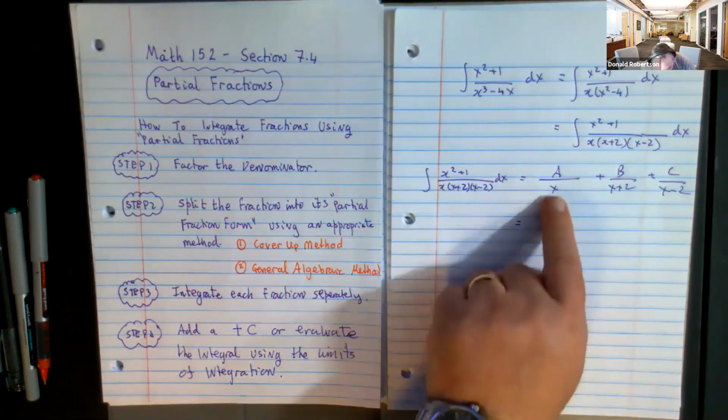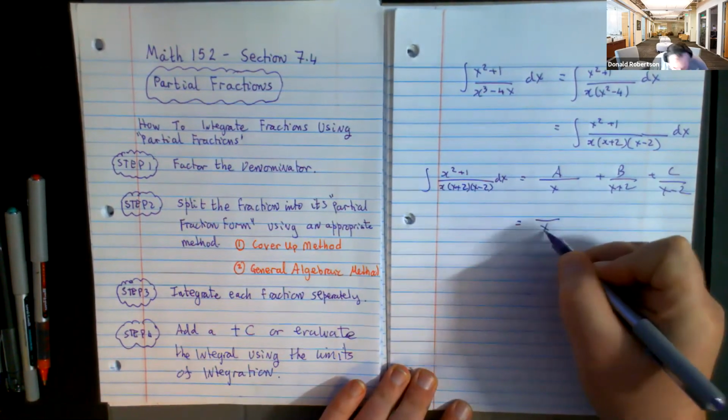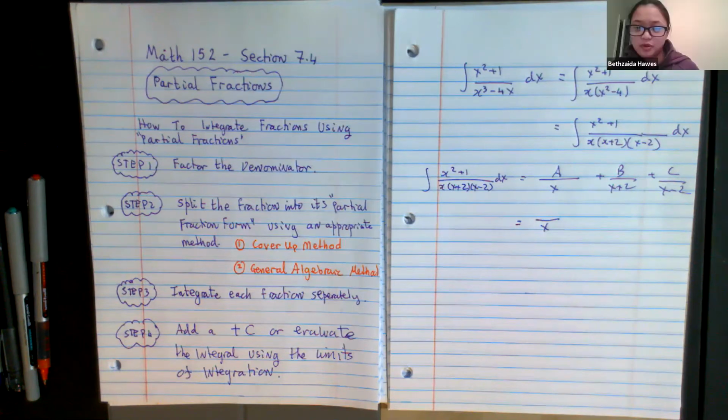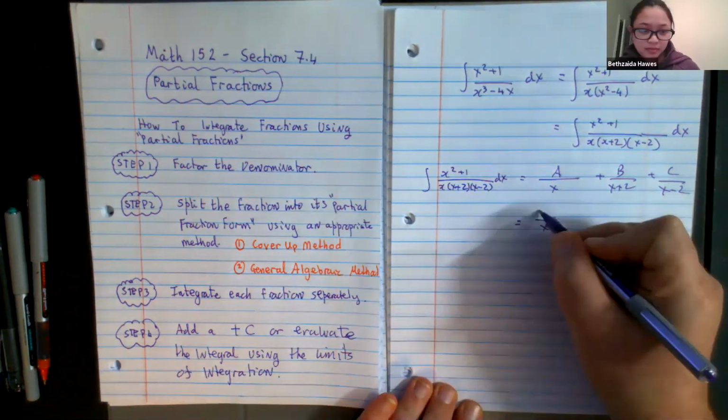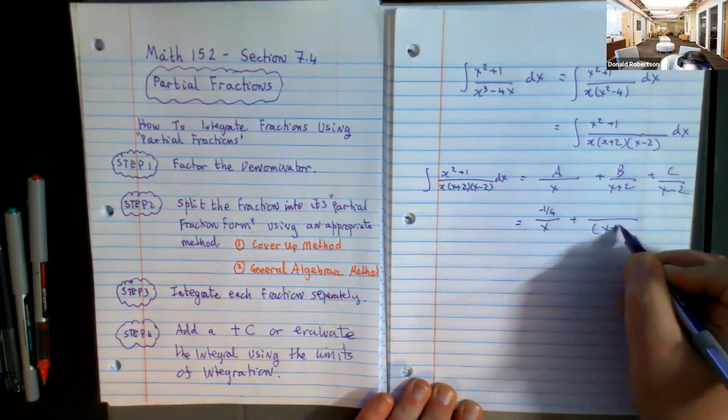Okay, you tell me, what is A? See if you can do it in your head. Use the cover-up method. What is A? Negative 1/4. I agree. Okay, somebody else is getting the next one.